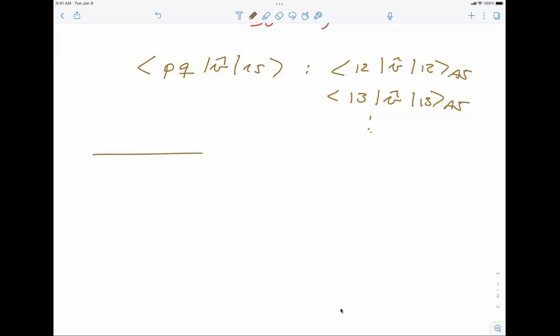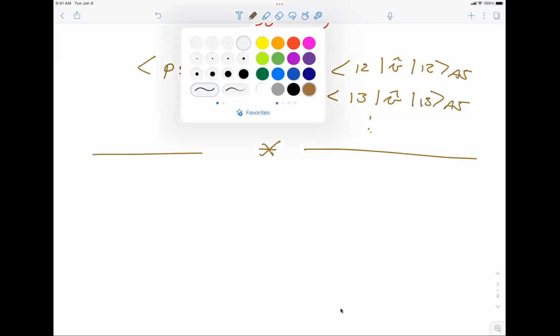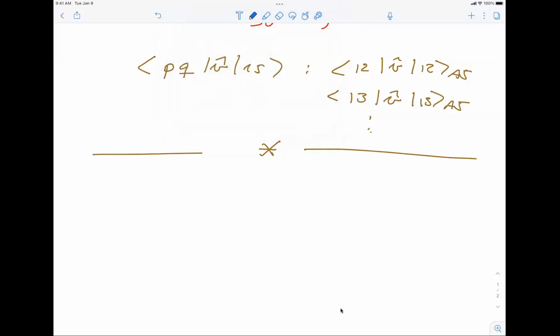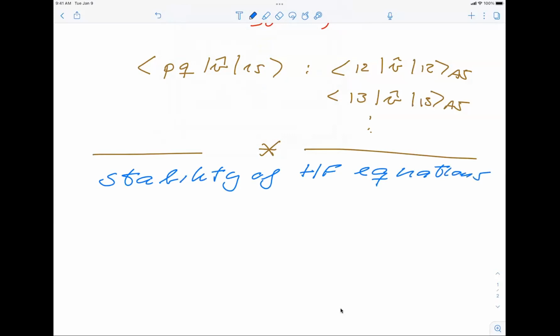So the topic which we are going to cover now is about the stability of the Hartree-Fock equations. And in order to do these studies, we actually need something which is called Thouless theorem.